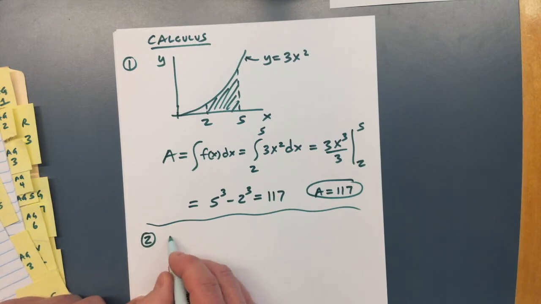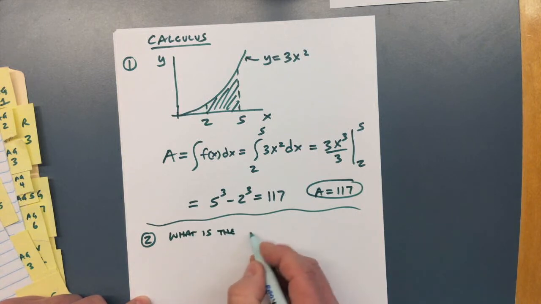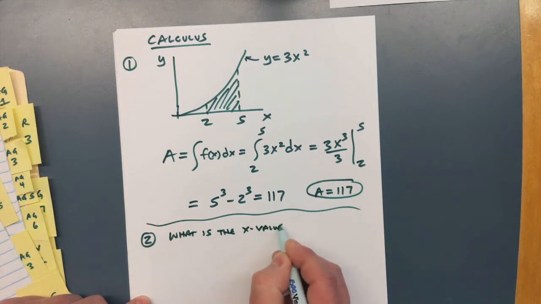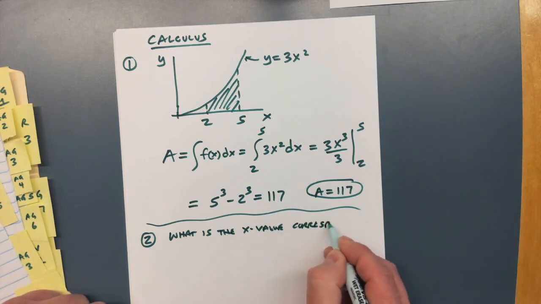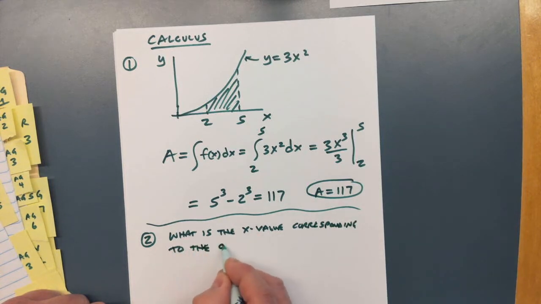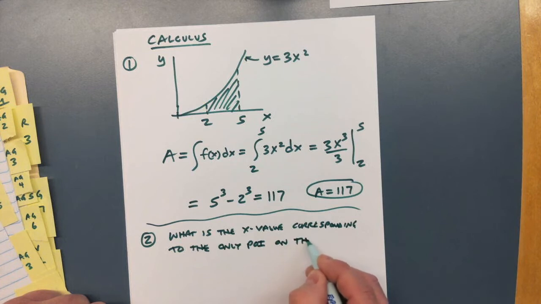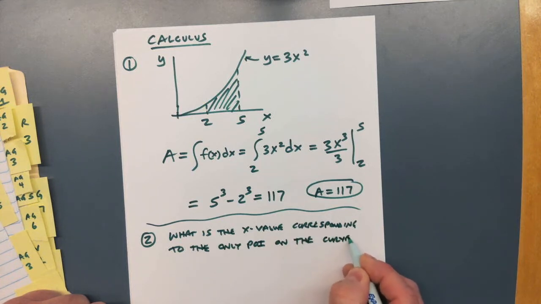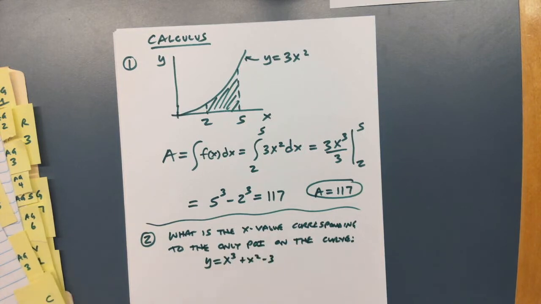Number 2. What is the x value corresponding to the only point of inflection, POI, on the curve y equals x cubed plus x squared minus 3?